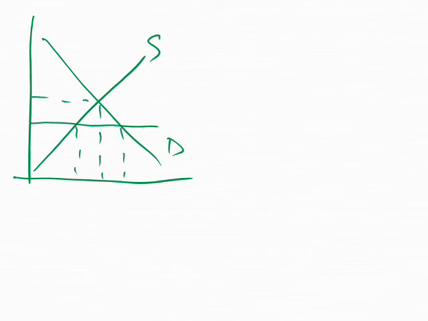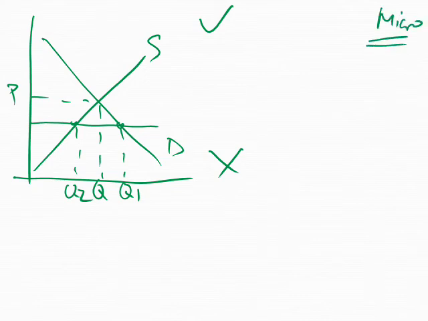So we have an equilibrium which would have been the free market equilibrium, but then we also have this equilibrium which is linked to demand, and this equilibrium which is linked to supply. Now, in terms of analysing this, we want reasons why it works and why it doesn't work. Now, as this is a micro graph, we are going to have a discussion here, but it's going to be solely focused on micro. So we'll come back to what the macro part of this could be in a second.